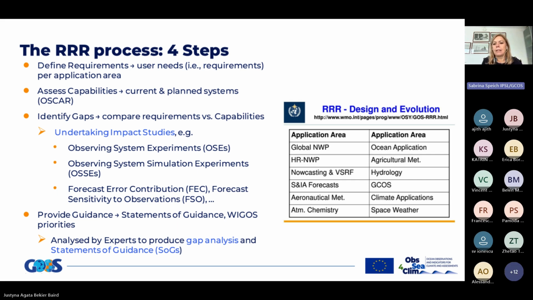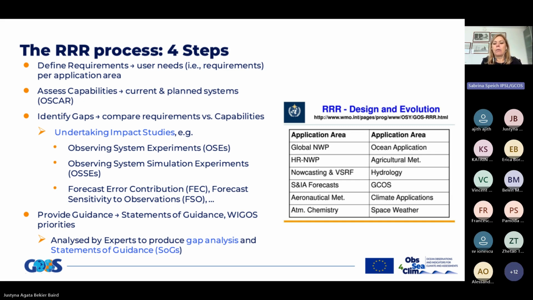But before that, I would like to list the actual application areas of this rolling review process at WMO. So of course, it started with numerical weather prediction that is global or can be high resolution. Then there are also nowcasting and different applications still related with numerical weather prediction, and different seasonal or machine learning forecasts.